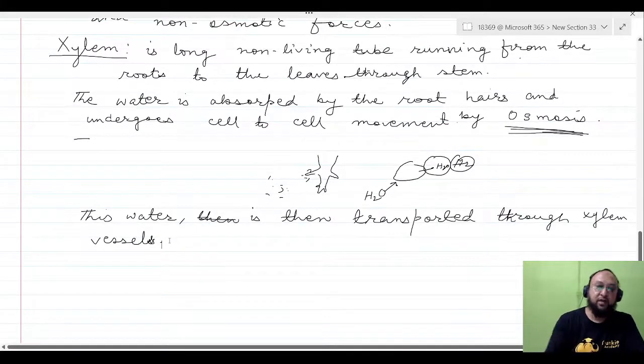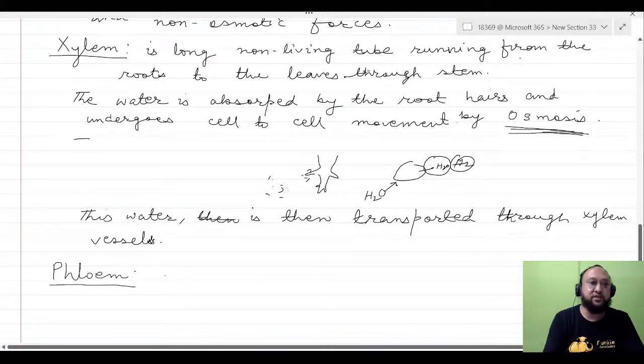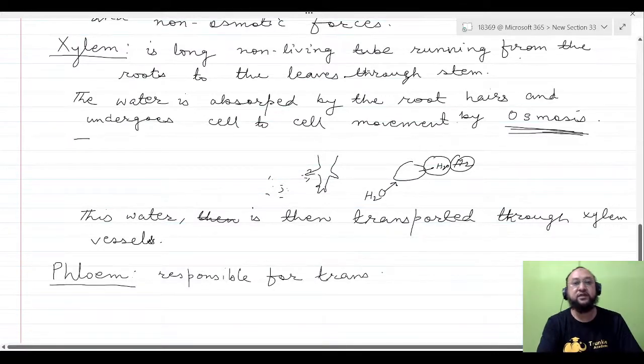Okay. Now the phloem. When we talk about transportation, it's not only the transportation of water and minerals. It's also the transportation of other substances or manufactured food. So phloem is responsible for translocation of nutrients, the specific term given to the transportation of manufactured food.